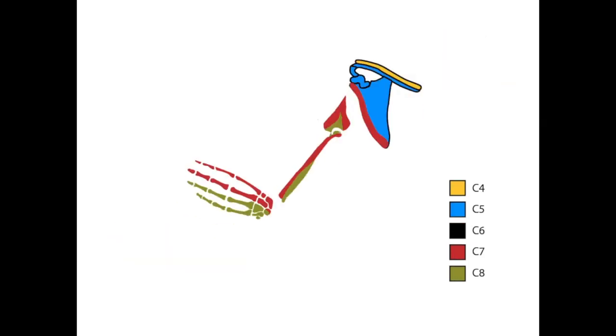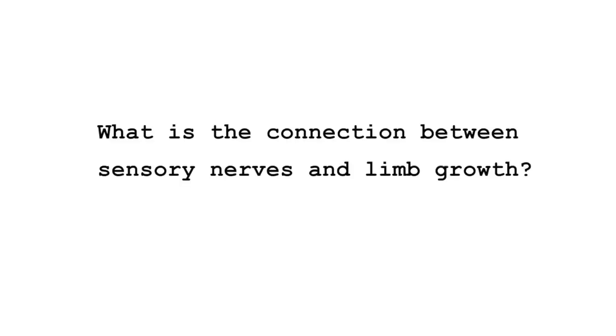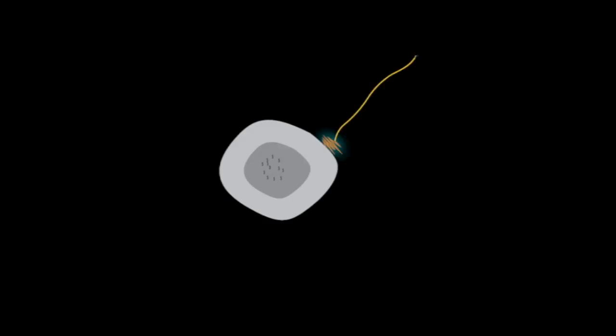That raises a question. What is the connection between sensory nerves and limb growth? And the answer is that sensory nerves possess an ability to make other cells divide, and this property is called neurotrophism. Neuro for nerves, trophism for growth.